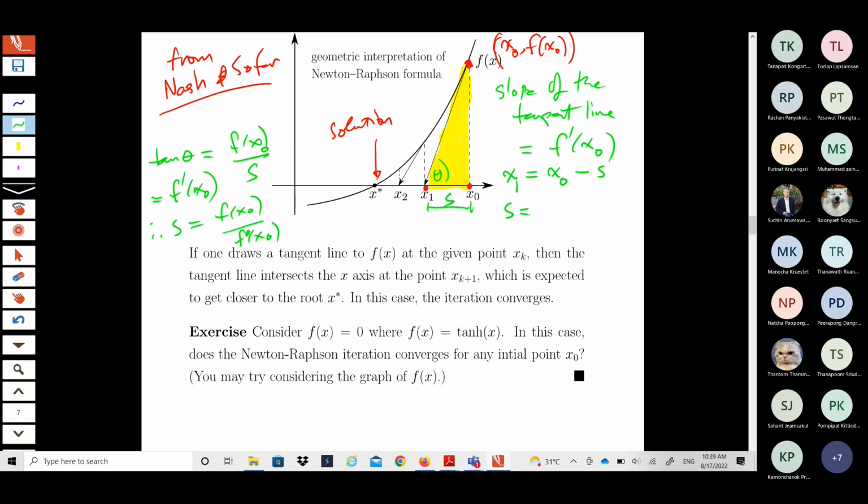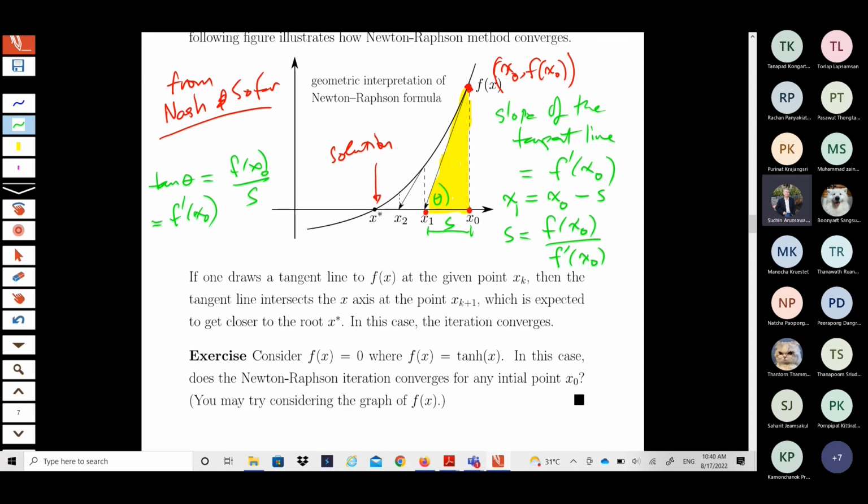So this is it. I think we write it on the other side. So x1 is equal to x naught minus f(x naught) divided by f prime of x naught.